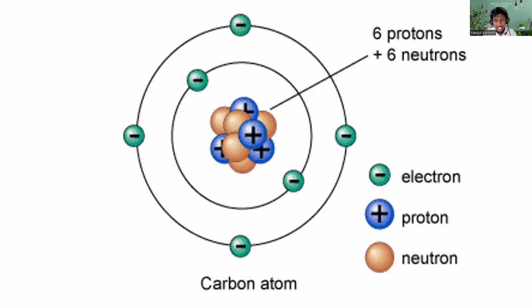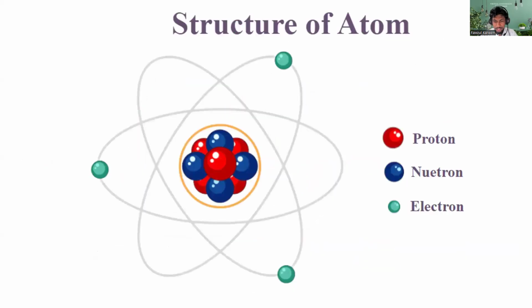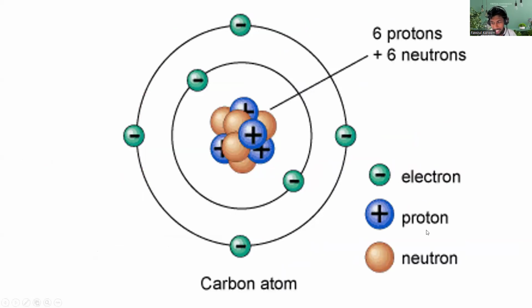Here is another image. Can anyone explain the setup? You just want to say what the color of the proton is, what the color of the others is, and what charge they have, and where the neutron and the proton are present in the atom. Anyone?